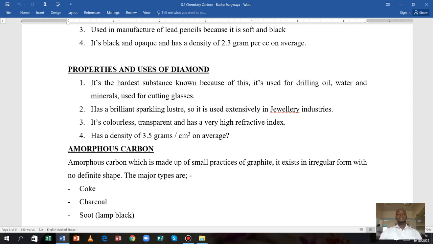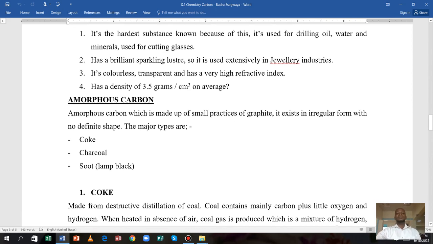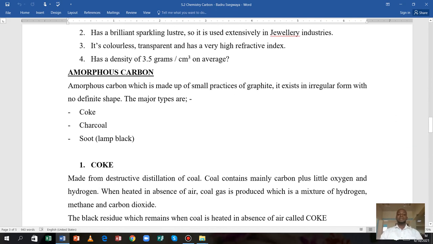On the other hand, diamond is a non-conductor of electricity since it lacks delocalized electrons. It is one of the hardest substances known and therefore used for drilling. Because of its brilliant sparkling luster, it is used in jewelry.